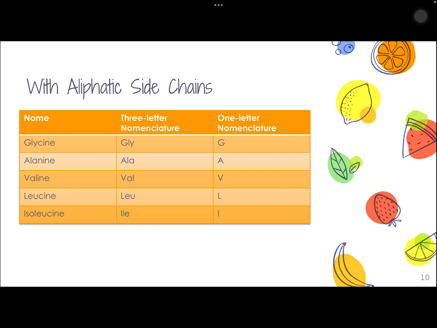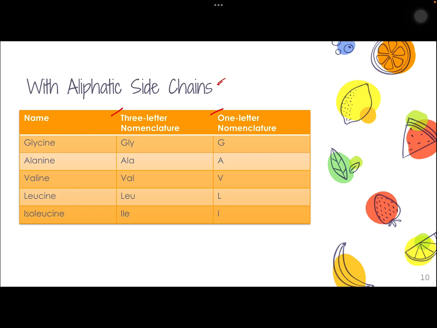That's why we have the three-letter nomenclature and the one-letter nomenclature, devised for us to easily identify and write down the amino acids. For those with aliphatic side chains, I will leave you to memorize this one, but I will teach you the different amino acids that can easily be memorized with their one-letter or three-letter nomenclature.